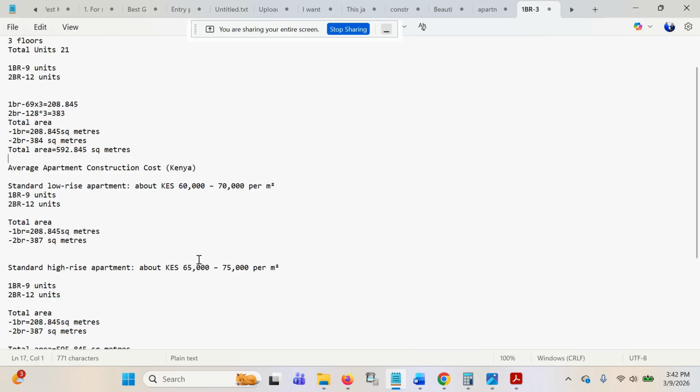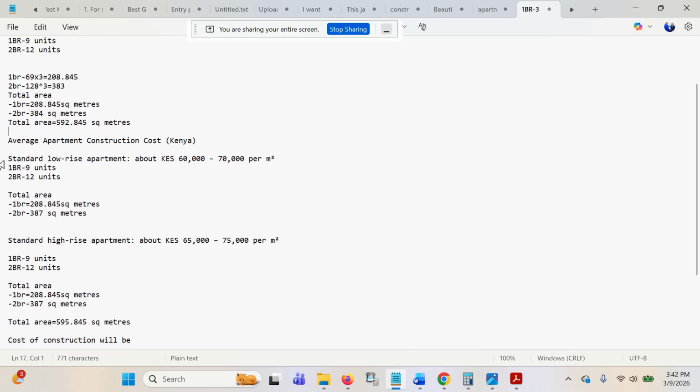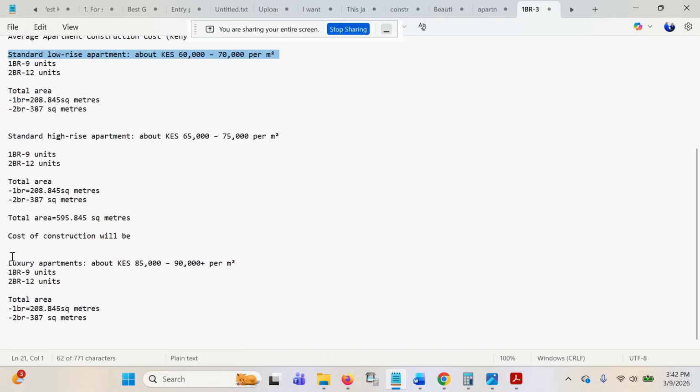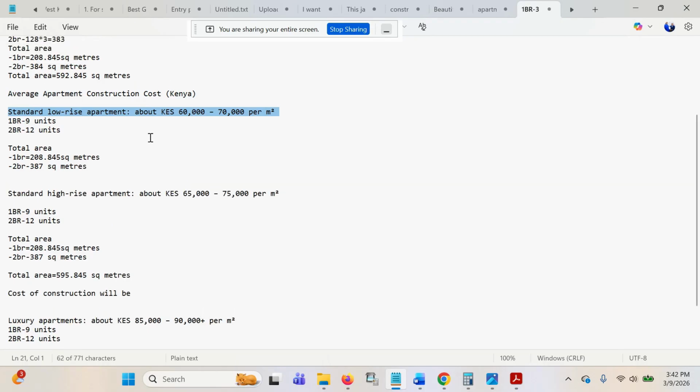According to construction practices, we have three apartment classifications. We have standard low rise apartment, standard high rise apartment, then luxury apartments.